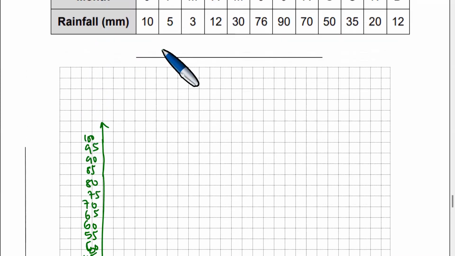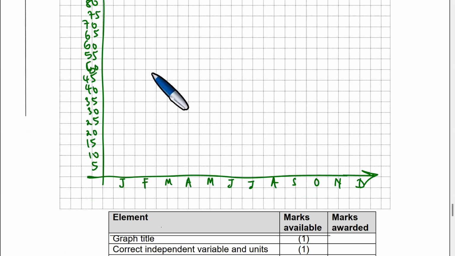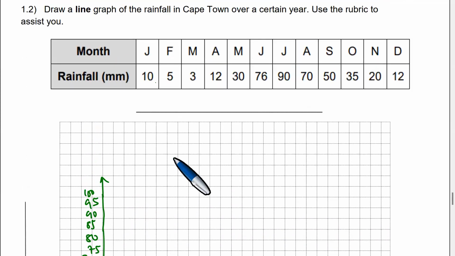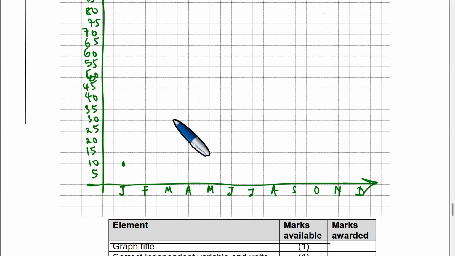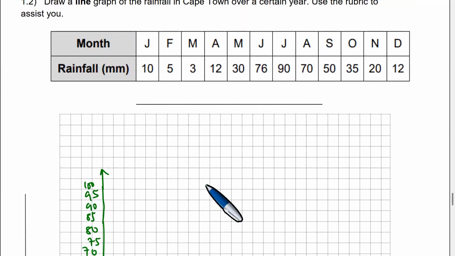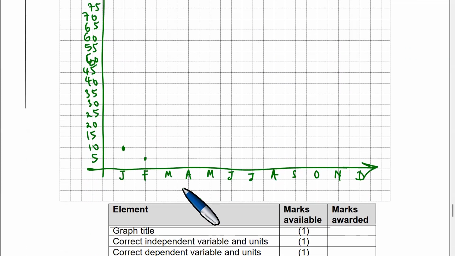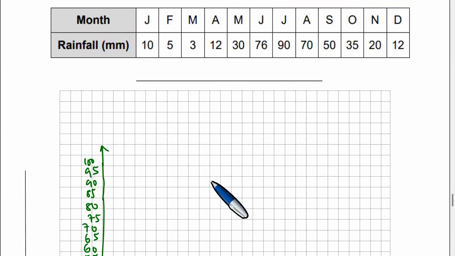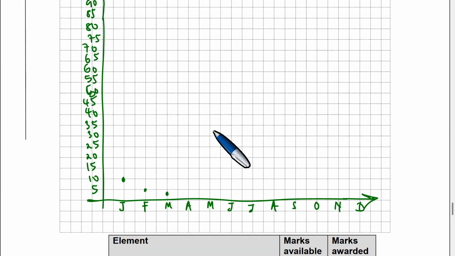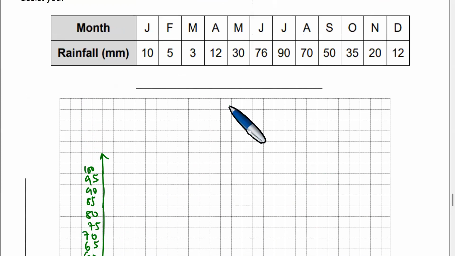So January is 10. So you're going to put 10. February is 5. March is 3. April is 12. May is 30.